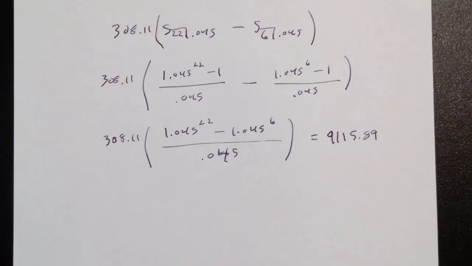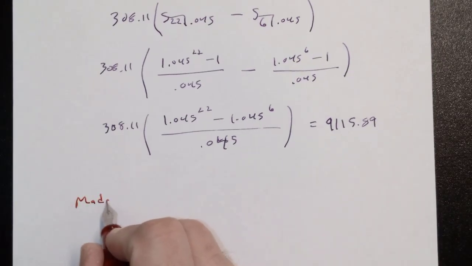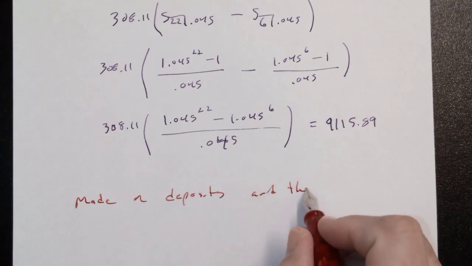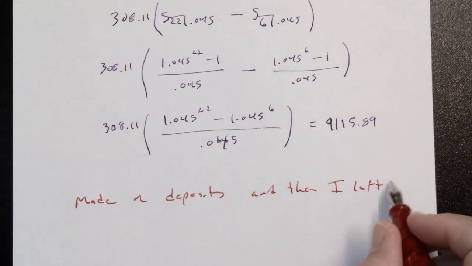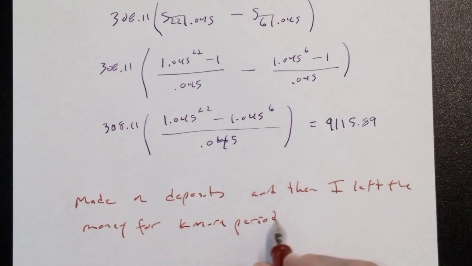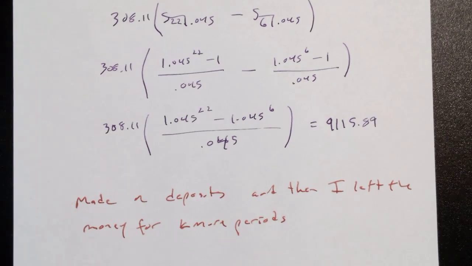But what that means is I can say, well, wait a minute, I made N deposits, and then I left the money in the bank for K more periods. That means, using this version of the formula, what we did is we did S(n+k)i minus S(k)i.